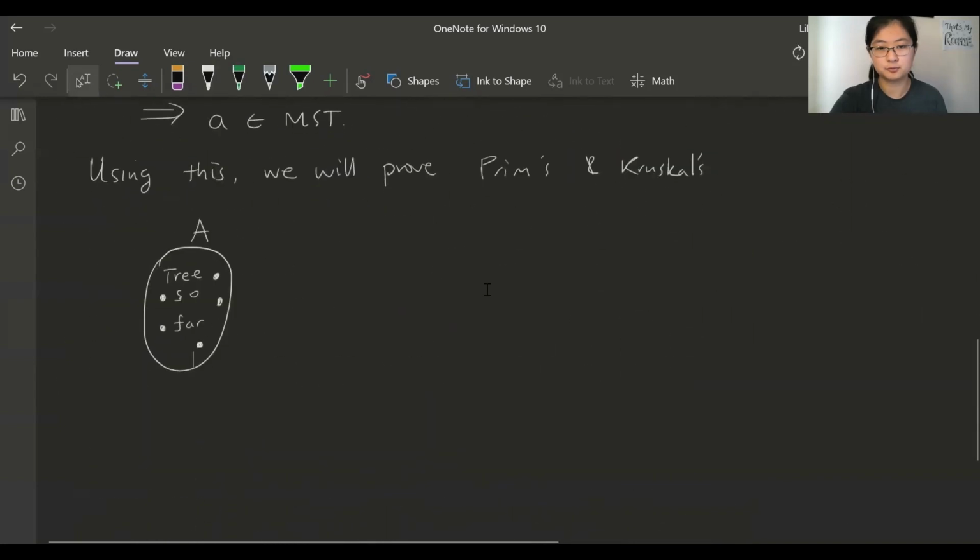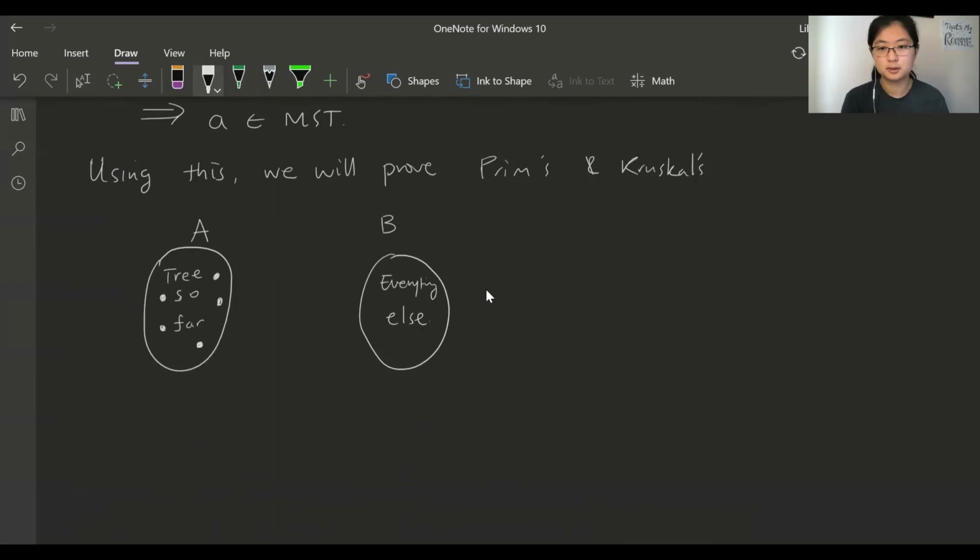And B is everything else. And we have all these edges. So what are these edges? These are edges from the tree so far to vertices that we haven't traveled before. So that's our sort of candidate space. And then at return, we pick the shortest one.